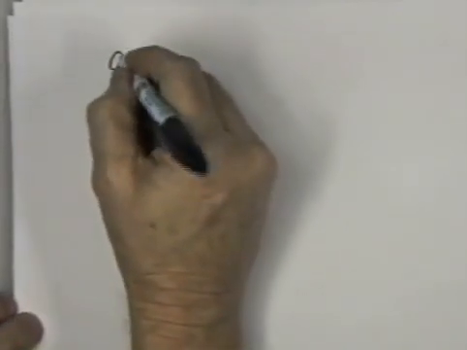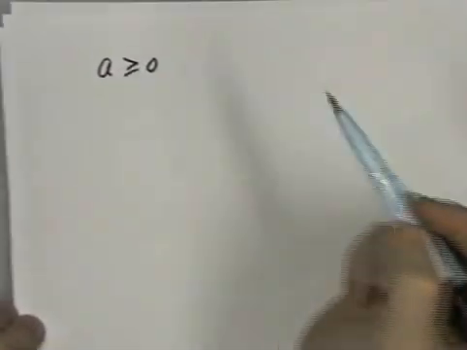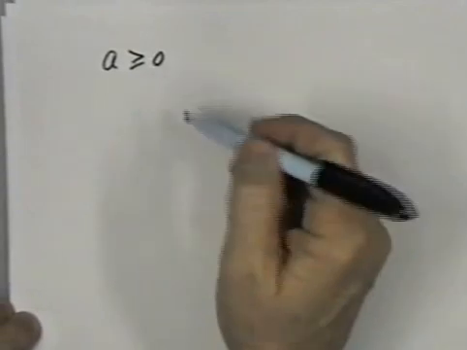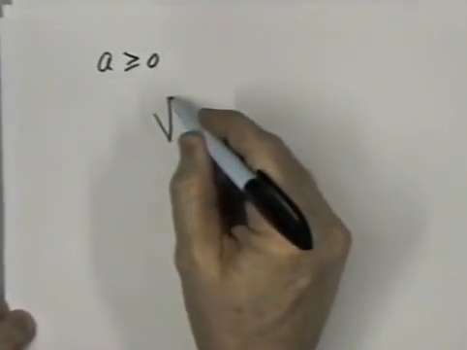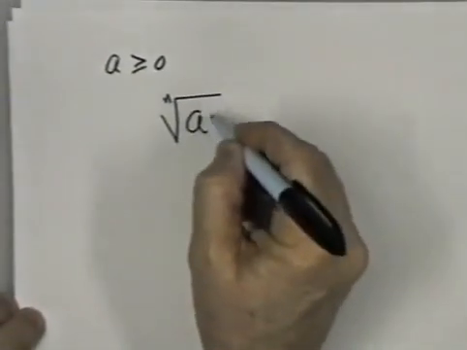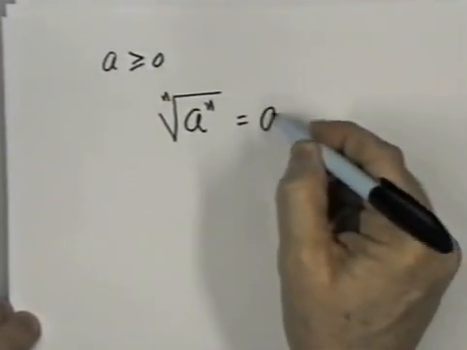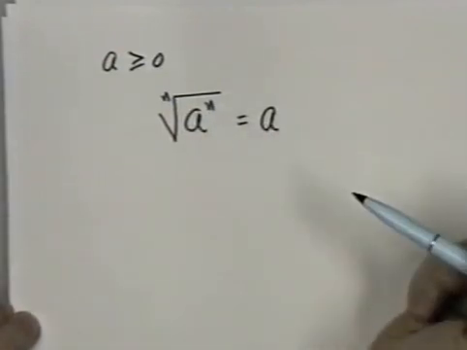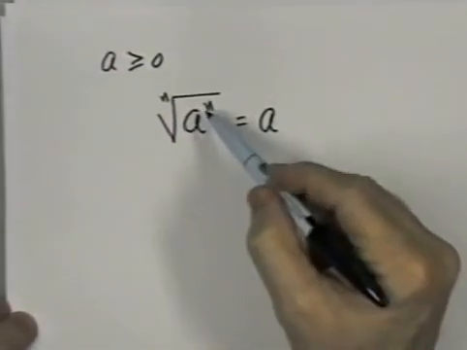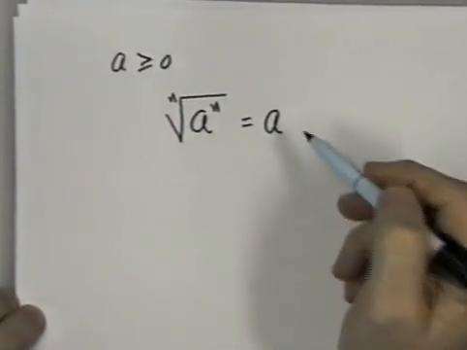And recall for a moment what that tells you. If I tell you that a is positive or non-negative, you can include 0 in this as well, then when I talk about the nth root of a to the n, I'm assured that's going to be a in all cases, for all n, no matter what index we're dealing with.